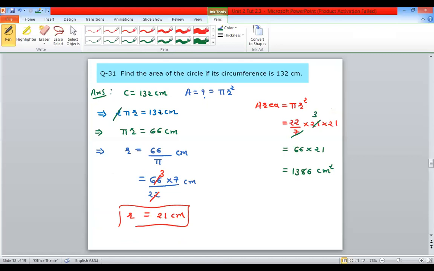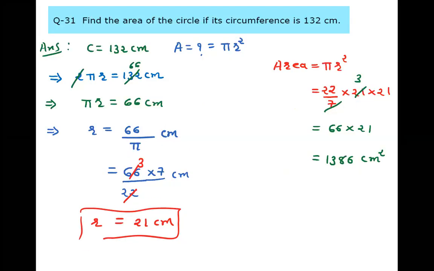If I cut this 2 on both sides, I have 66. So r is 66 divided by pi. Pi is going to the denominator. The value of pi is 22 by 7, and the radius is 21 centimeter. Put the radius in the area's formula. You get the area is 1386 centimeters square.